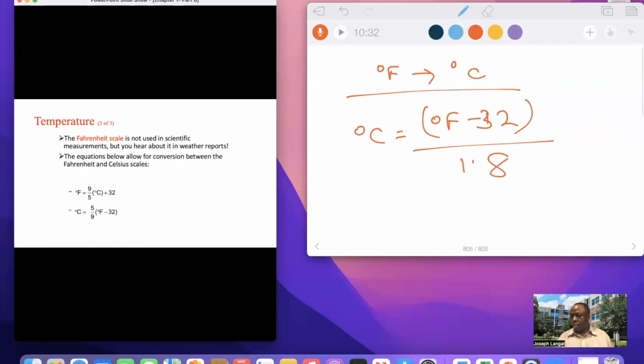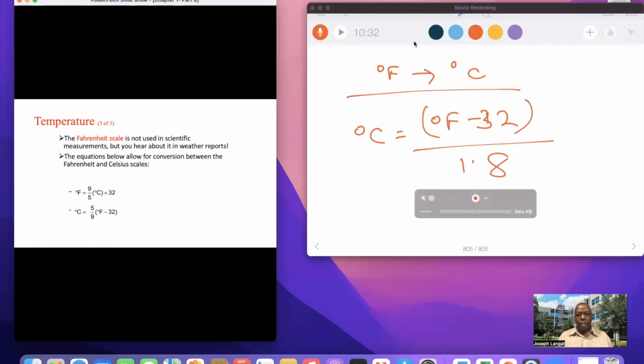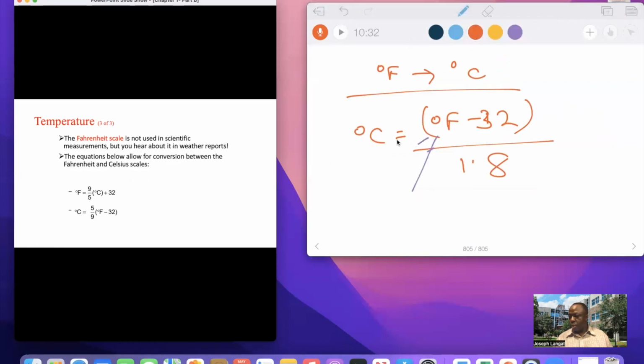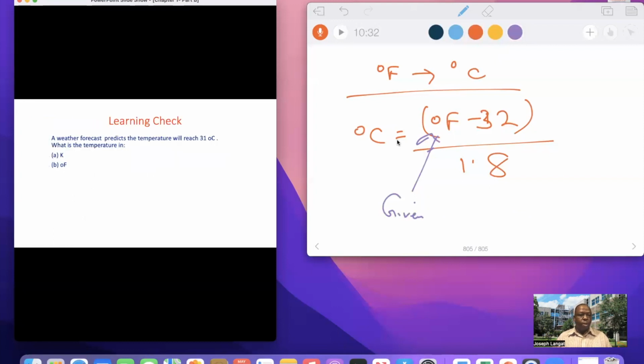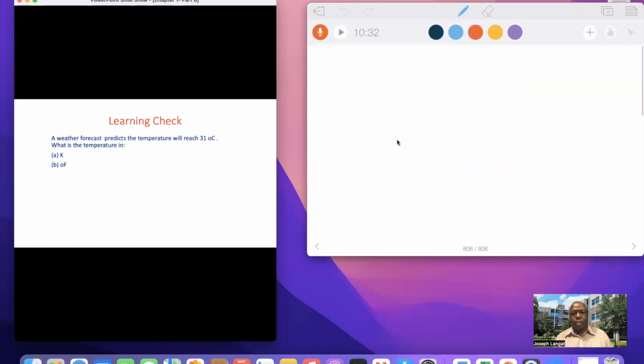The last equation here is changing degrees Fahrenheit to degrees Celsius. So degrees Celsius is given by degrees Fahrenheit, which will be given as part of the problem, and you plug it in the equation and you have yourself the answer.